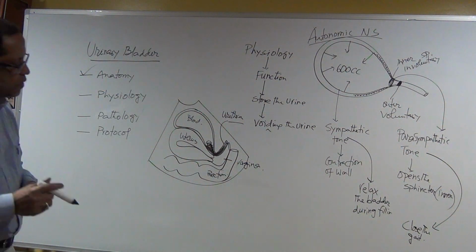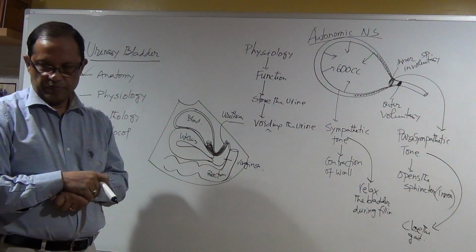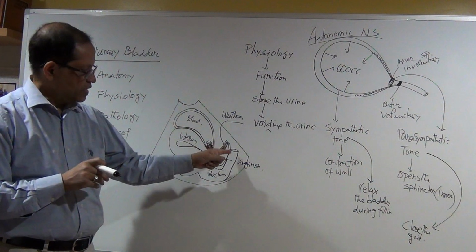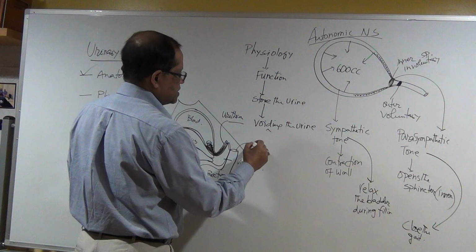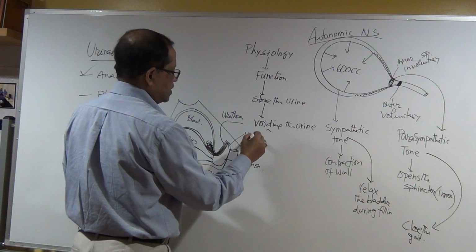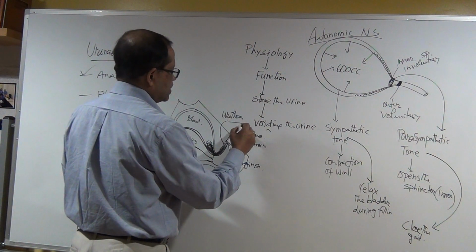Are closed. So now, how many openings are here? How many openings? Three. So most posterior is the anus. In the middle, vagina, and anterior, urethra.